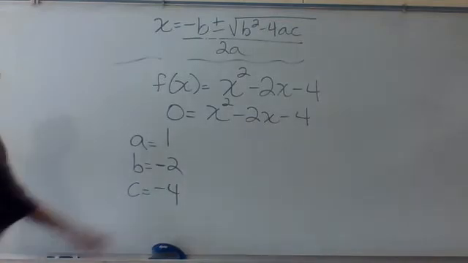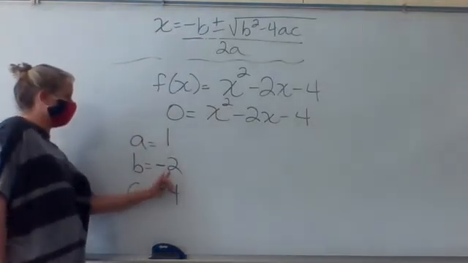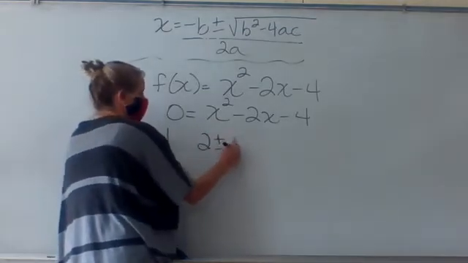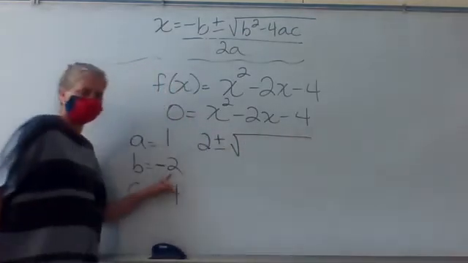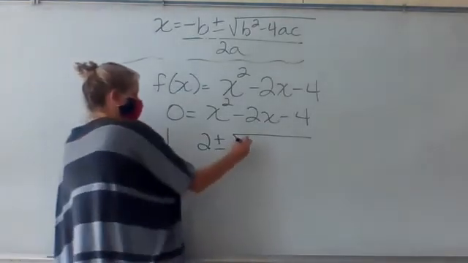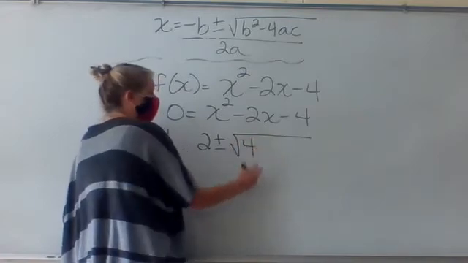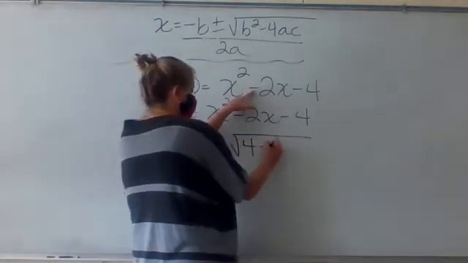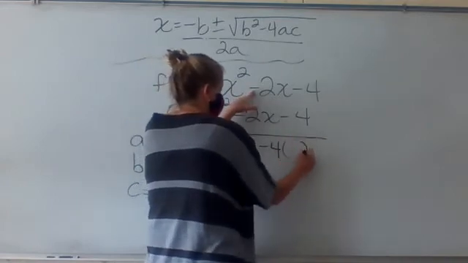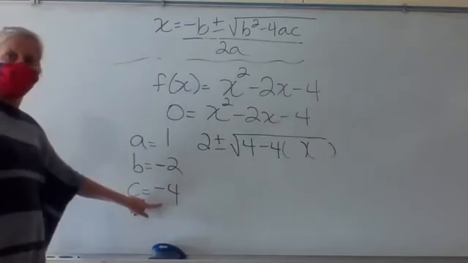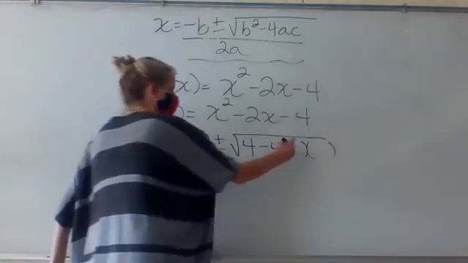Plugging in. Opposite of B, so the opposite of this is going to be positive 2. Then your plus or minus. Then your B squared, this number squared, negative 2 squared is 4. Then minus 4 times A and C, which is 1, and negative 4.